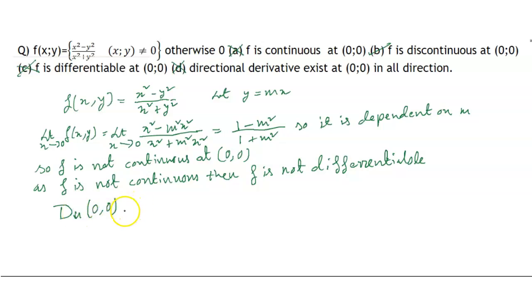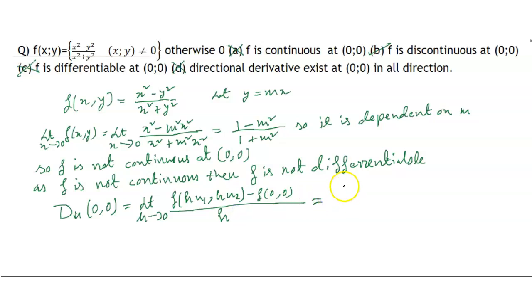is the limit as h tends to 0 of f(h u1, h u2) minus f(0,0), divided by h.